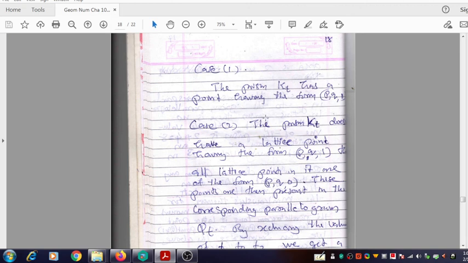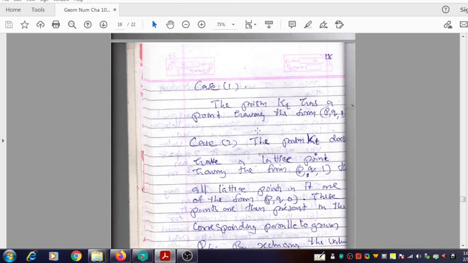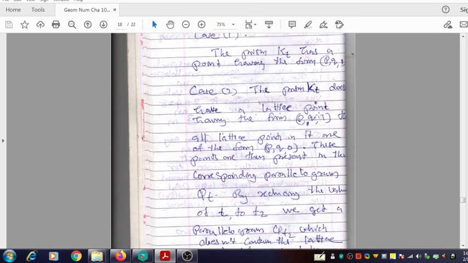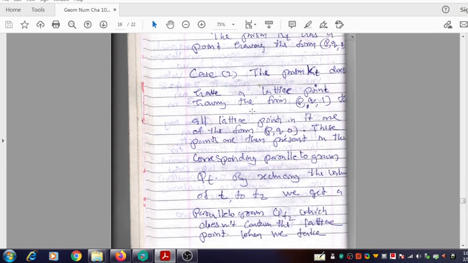Now it is clear from the discussion so far that if there exists any lattice point, it has the form pq plus 1. And suppose it does not have the form pq plus 1. Then the prism kt does not have a lattice point having the form pq plus 1.